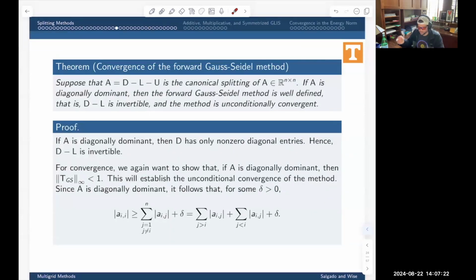We can prove, just like we did for the Jacobi method, that if A is diagonally dominant, then the forward Gauss-Seidel method is well-defined and convergent. The technique we use for this proof is to show that the error transfer matrix in the infinity norm is strictly less than 1.